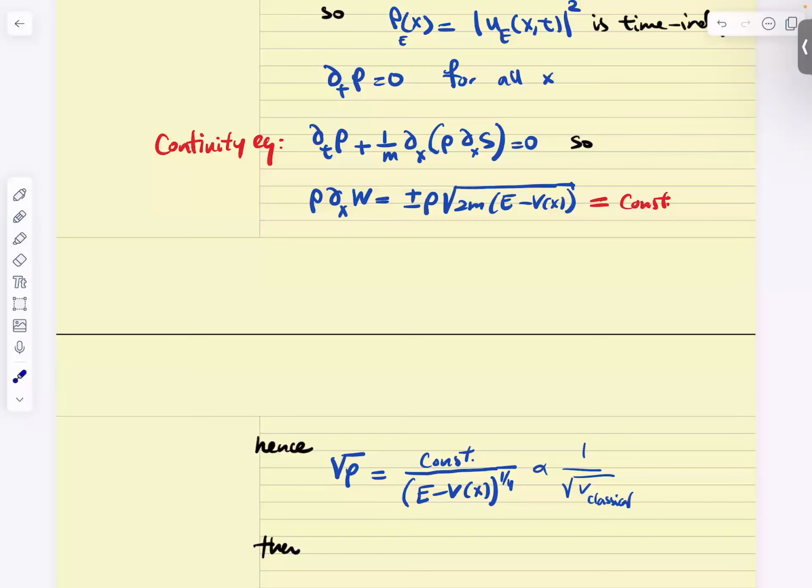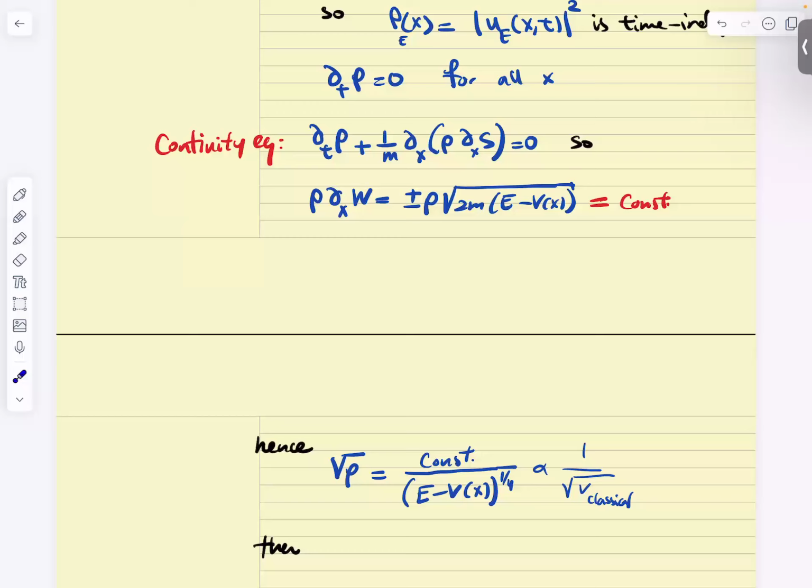Let me pause here and ask for questions, because maybe these few lines of algebra were fast, but they're rather straightforward. I tried to reproduce it. All I did was that I had an ansatz for S, took a derivative with respect to x, and that gave me square root of E minus V up to a bunch of constants.